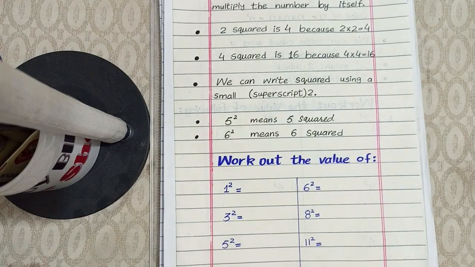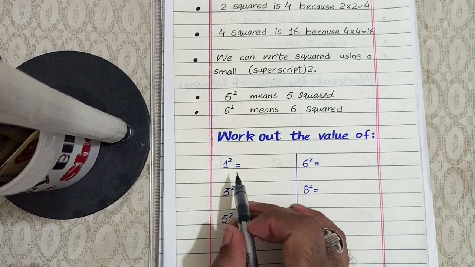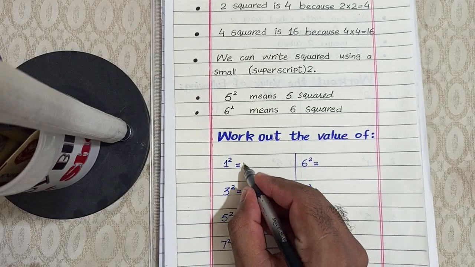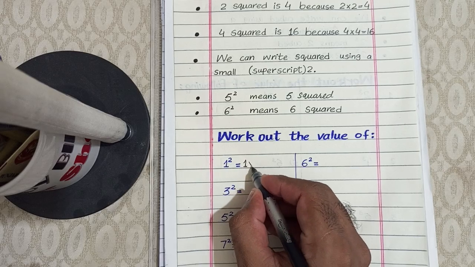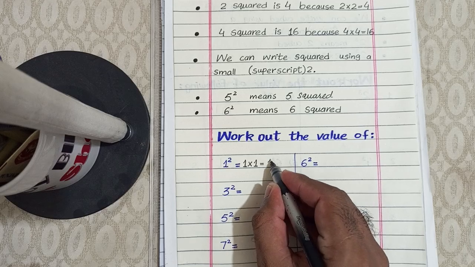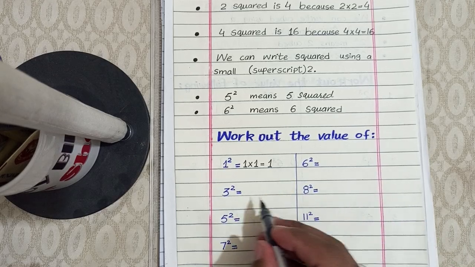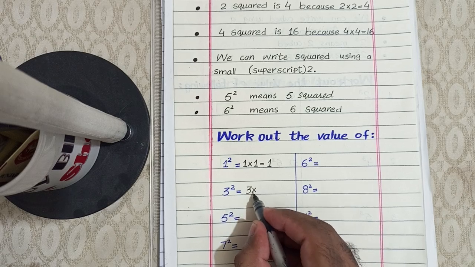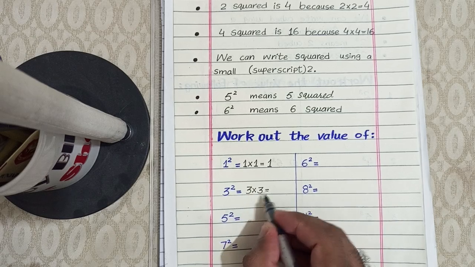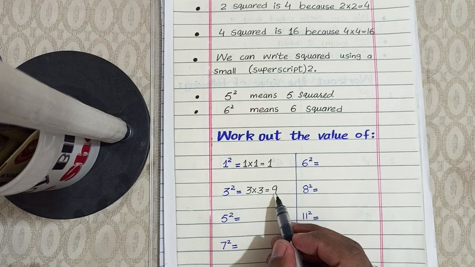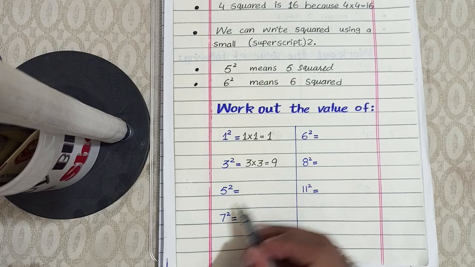Work out the value of the following. 1 squared is equal to 1 multiplied by 1, which is equal to 1. 3 squared is 3 multiplied by 3, which is 9.